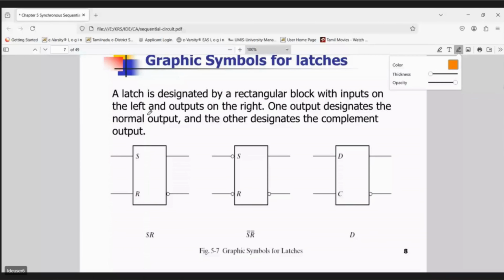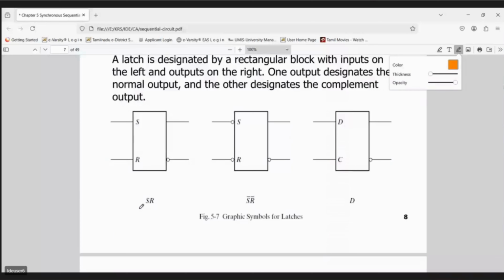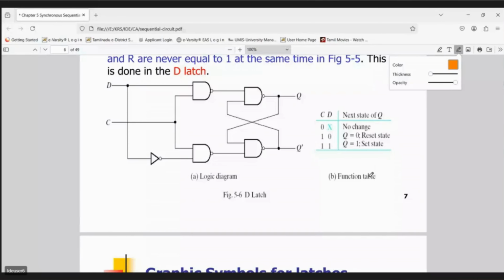One output designates the normal output and the other designates the complement output, because we call it Q dash. Here you can see 2 inputs S and R, and here we take the complement S dash and R dash. In the D flip flop, you can see D input and control. The output will always be Q and Q dash.